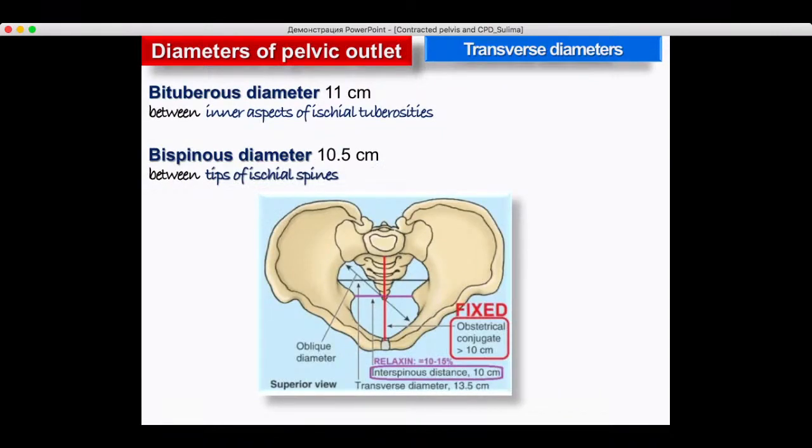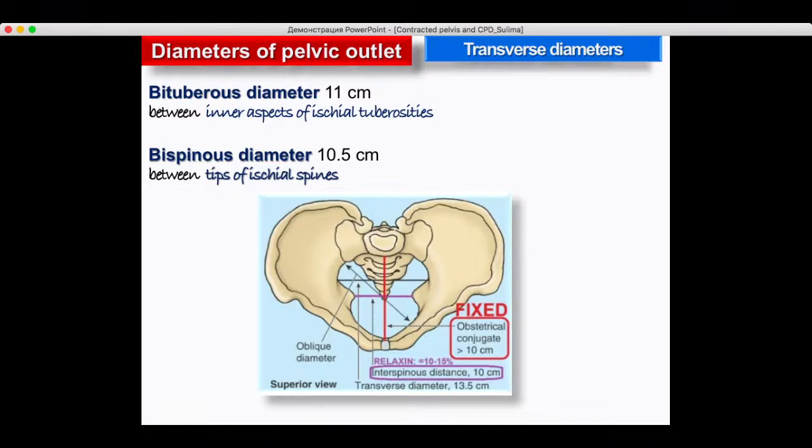Diameters of the pelvic outlet. We have the bituberous diameter. It's equal to 11 centimeters. This is the distance between the inner aspects of the ischial tuberosities. And the bispinous diameter, which is equal to 10.5 centimeters.